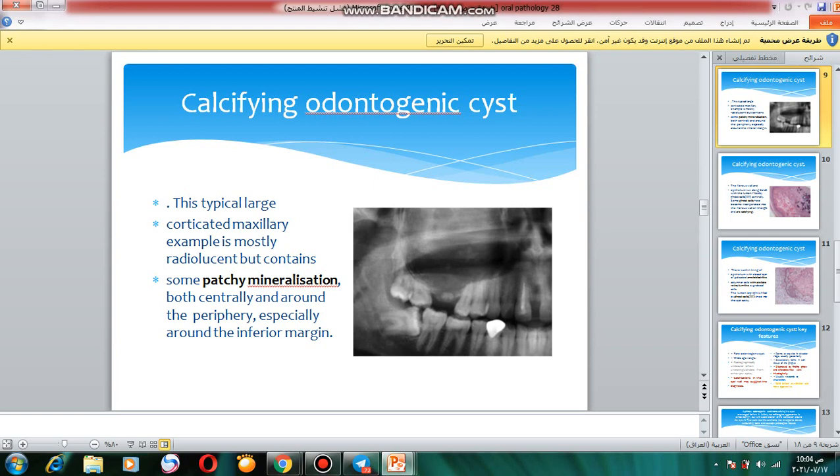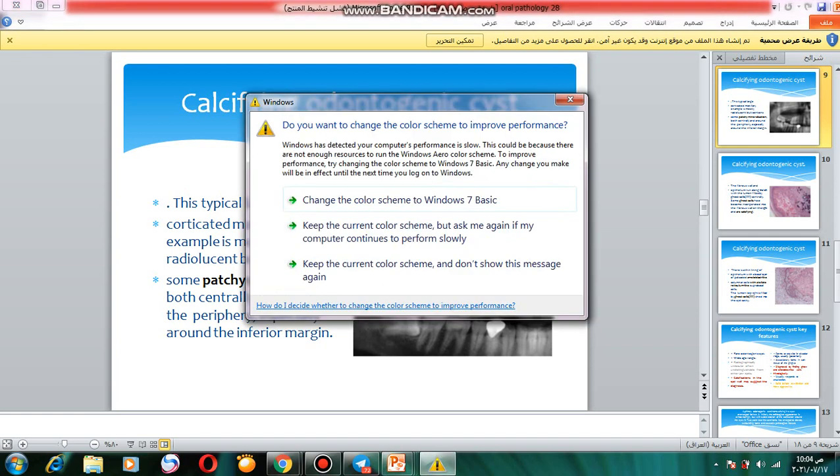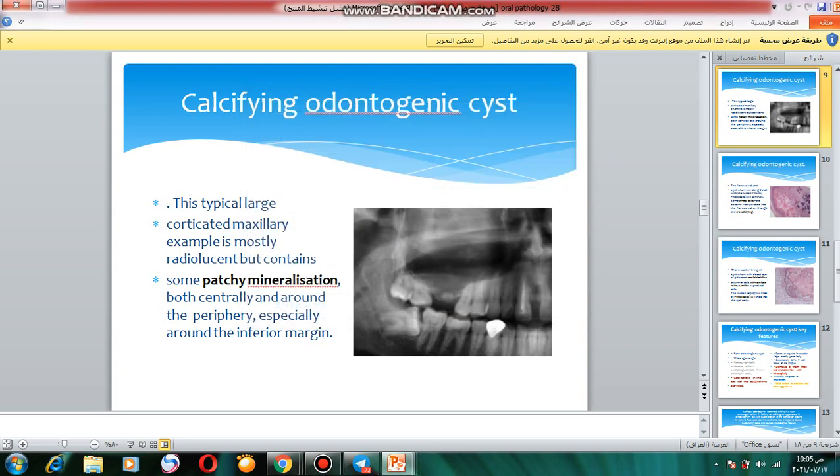Because the growth of this cyst is slow, heavy and very slow. That's why it affects the root, which we said is dentin. The organic and inorganic substance in dentin: the organic is low, but the inorganic is higher than the bone. Even so, the cyst is able to cause not only resorption of the bone but also resorption of the dentin. This means it is slowly growing, similar to other types of lesion.